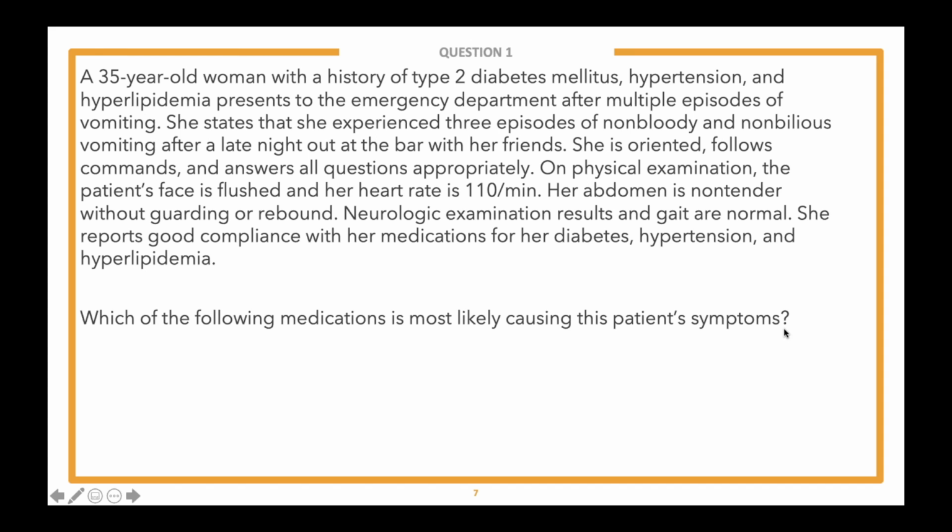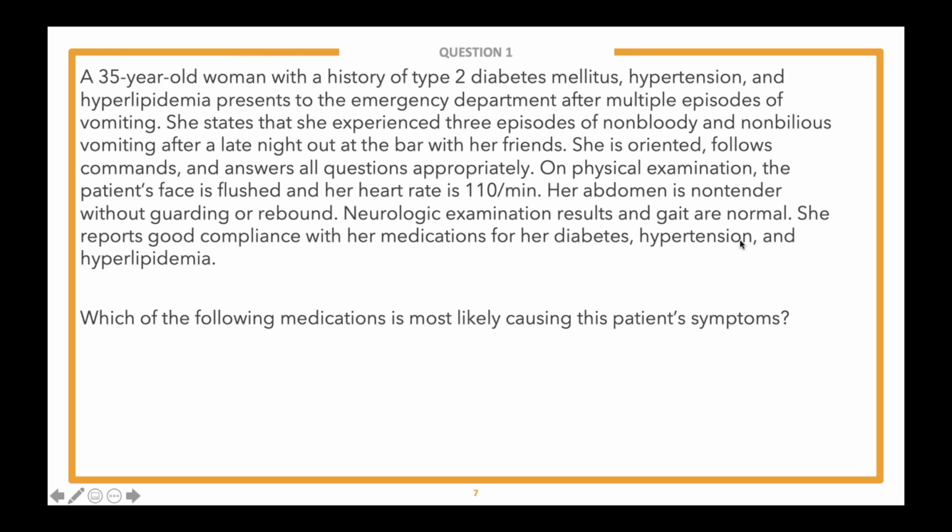On physical examination, the patient's face is flushed and her heart rate is 110 per minute. Her abdomen is non-tender, without guarding or rebound. Neurologic examination results and gait are normal. She reports good compliance with her medications for her diabetes, hypertension, and hyperlipidemia. Which of the following medications is most likely causing this patient's symptoms?